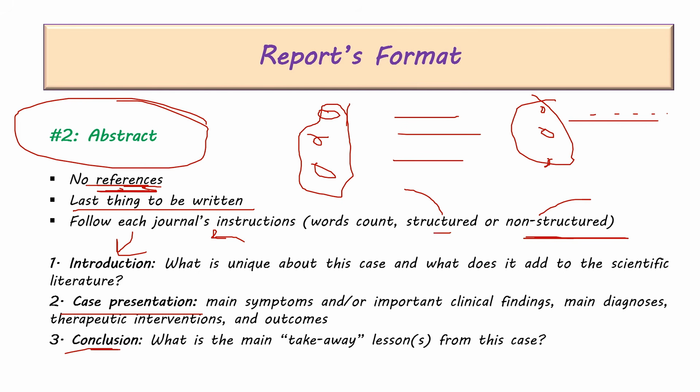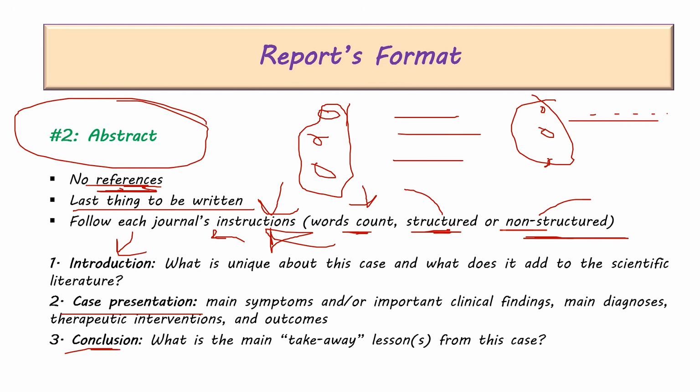How to know if the journal is asking for structured or non-structured? Just open the website of the journal you are submitting to and see the instructions for authors. They will write for you that they are requesting a structured abstract or non-structured abstract. Also, each journal has specific requirements for the word count.